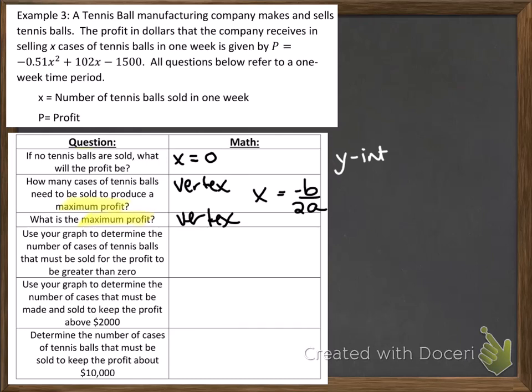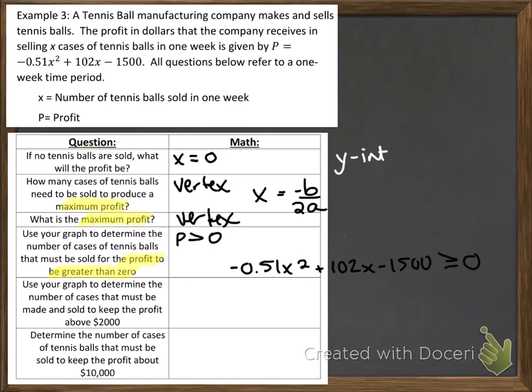It says use your graph to determine the number of cases of tennis balls that must be sold for the profit to be greater than 0. Okay, so we need profit greater than 0. In other words, we have negative 0.51x squared plus 102x minus 1500, and that's going to have to be greater than 0.